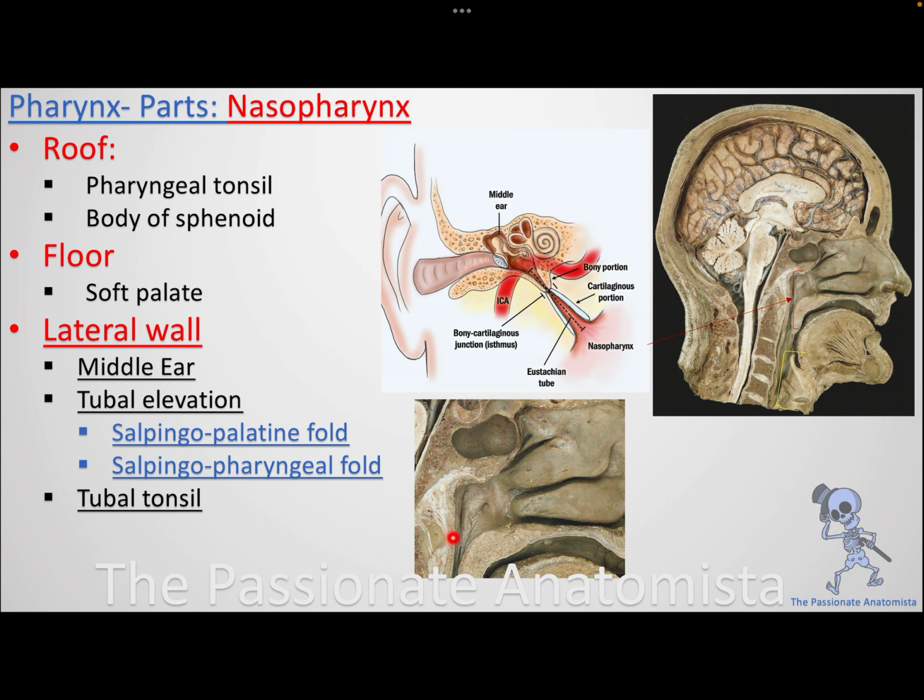So when we talk about the nasopharynx, remember that you have important folds from the tubal elevation, one to the front and one to the back, the salpingopalatine and salpingopharyngeal, and your tubal tonsil, because we need a defense system, because these are parts of the body that are communicating with the surrounding environment. So we need those tonsils to defend our bodies against pathogens. Also remember that this passage is very critical in the transmission of pathogens.